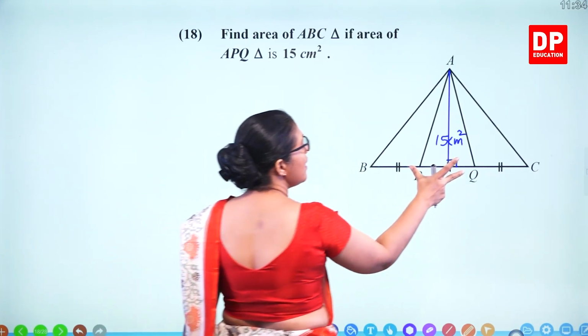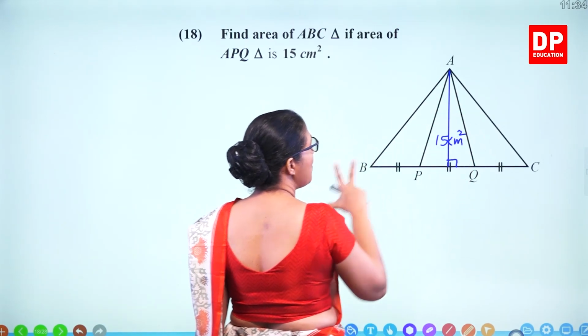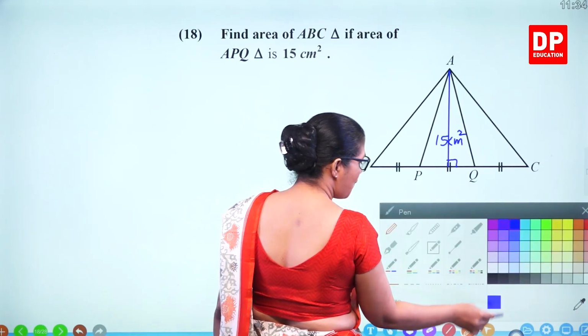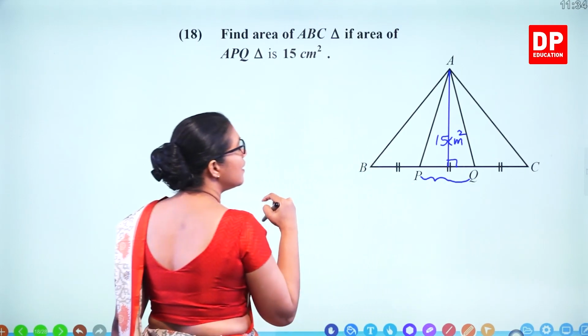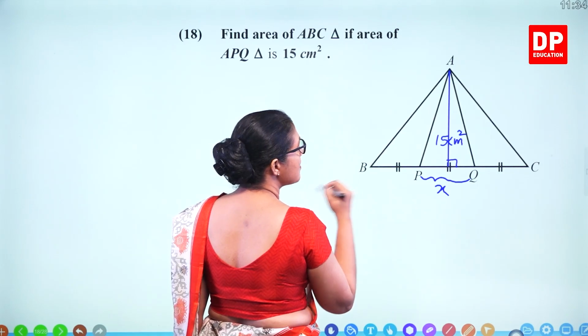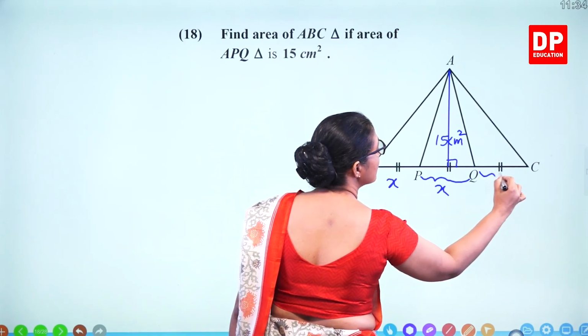The only difference is the same height is there for triangle ABC as well, but the bases are different. If this is x or something, this distance is also x and this is also x.